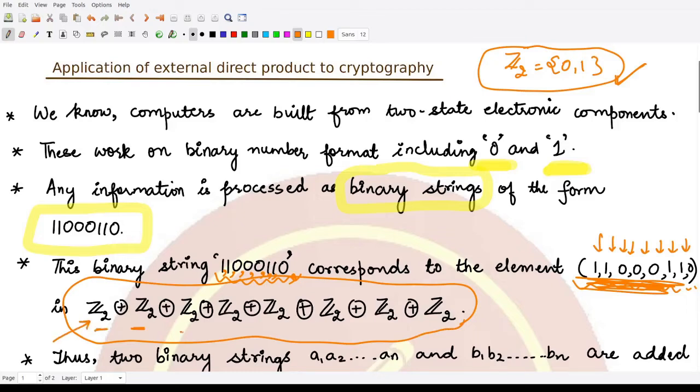And we are taking such direct products 8 times, because we have elements of this kind only. So you see how we have related the binary structure of the computer with group theory, and how group theory plays a very important role in cryptography and in the use of computers.